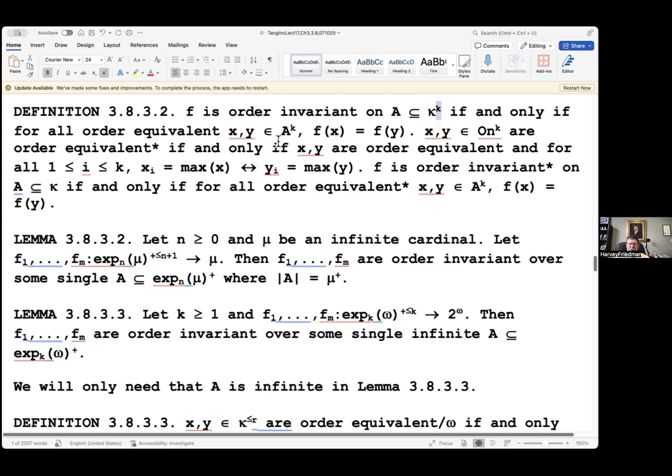Order equivalent has the obvious meaning, and we also have another notion of order equivalence we're going to use. But the very first thing we're going to do is just use this simple, most basic one.